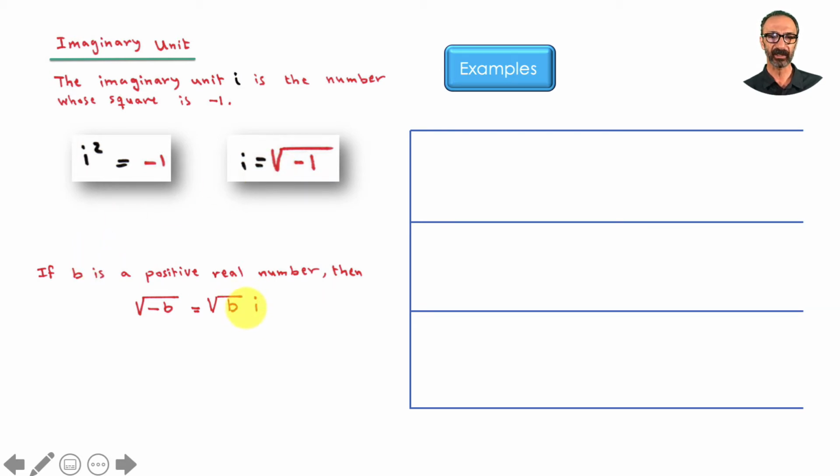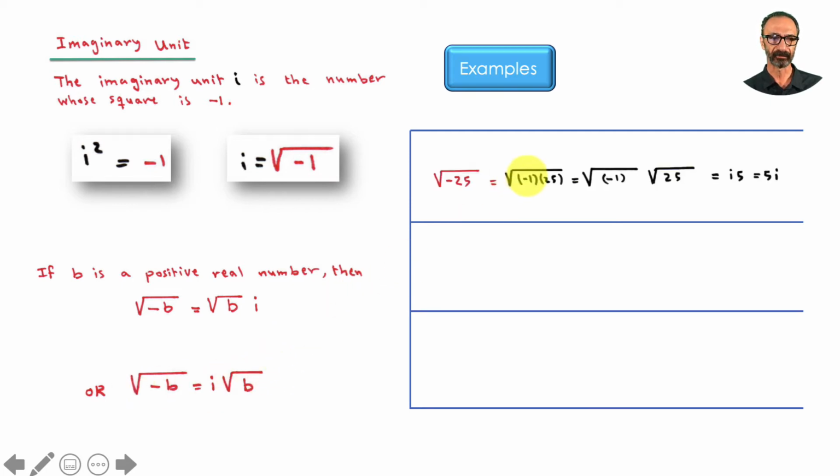Sometimes we don't like to write it that way, because if the square root is lengthy or the i is too small, you might think this i is underneath the square root next to b. So we sometimes prefer to write the i up front. That's what I meant.